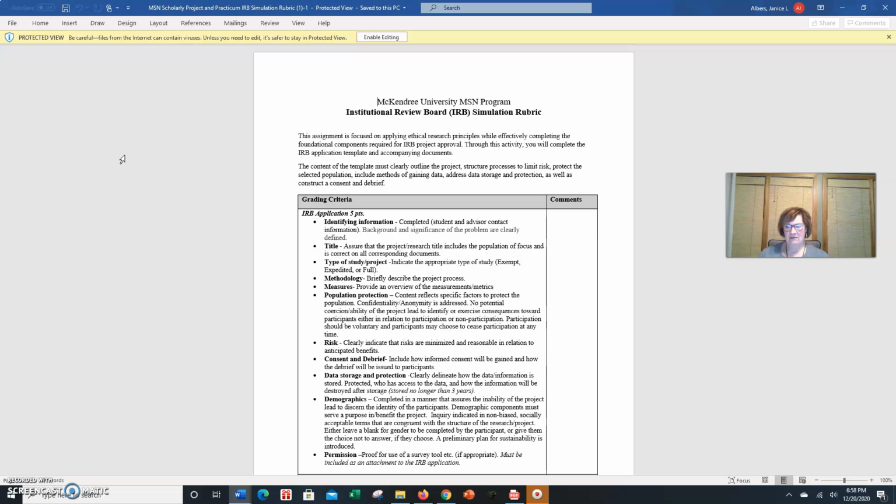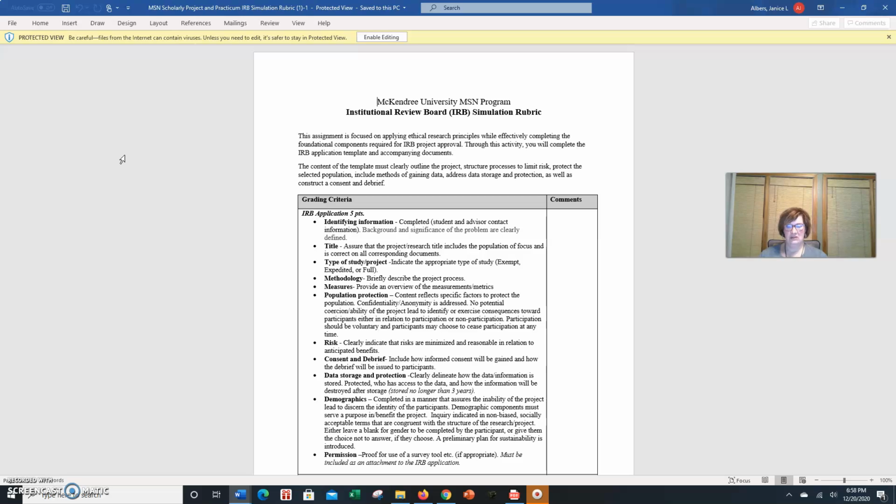What type of population are you using in your project? Typically it is those within the workplace, so you want to be very specific about who your population entails and if there are any protected populations, and usually those are populations that may be young or old or from vulnerable populations.